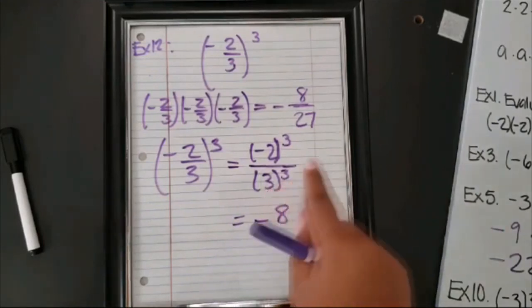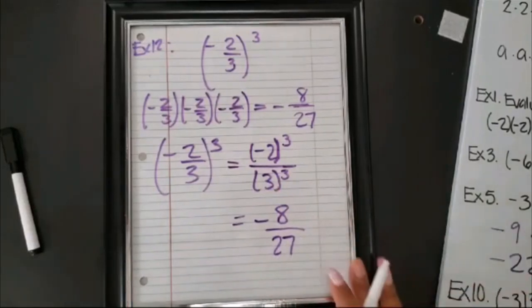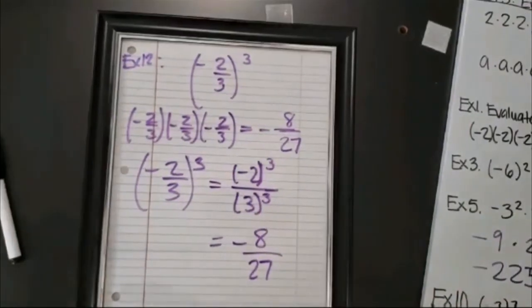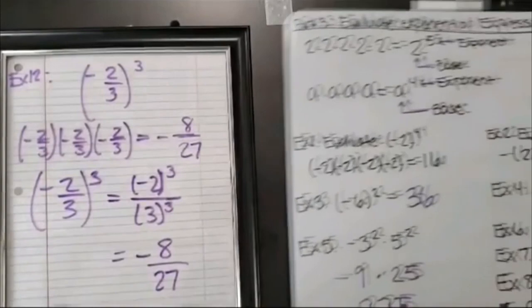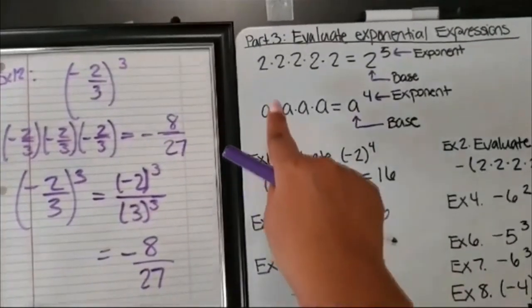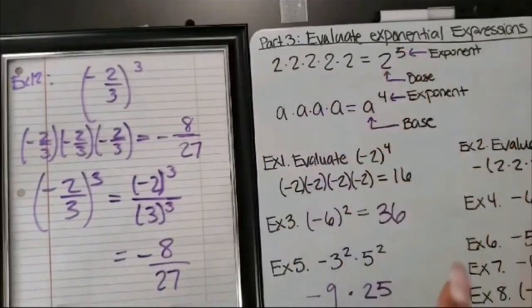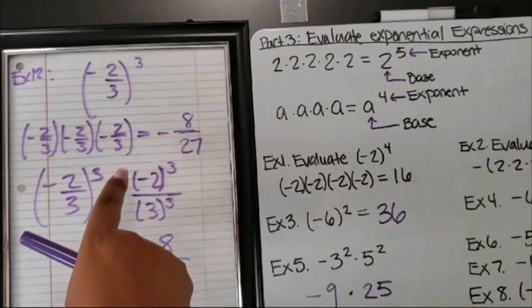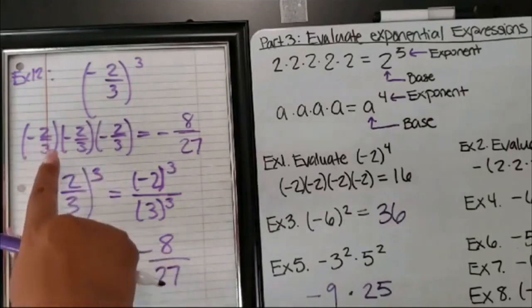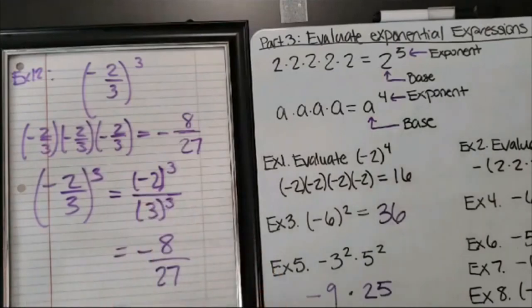And 3 cubed, we know that is 27. Okay, so if you forget how exponents work, an easy thing to do to remind yourself is to write it out like this, so you can fully see and understand exactly what the exponents mean. Especially when working with fractions, it's important to see that this fraction is being multiplied 3 times.